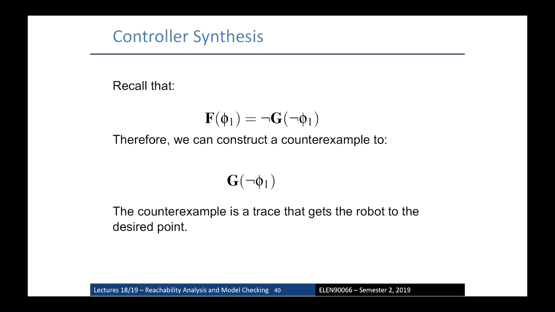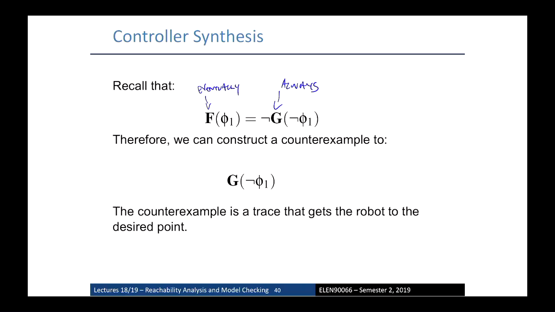The trick is to flip that F property into a counterexample for the always LTL statement. Okay, so remember this is the eventually, and this is the always.